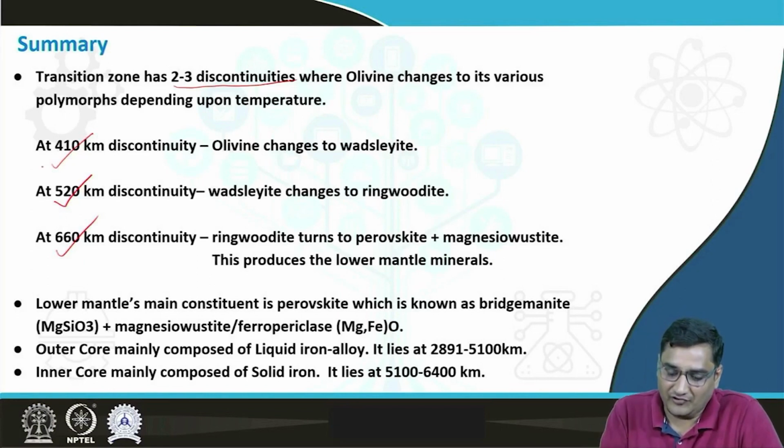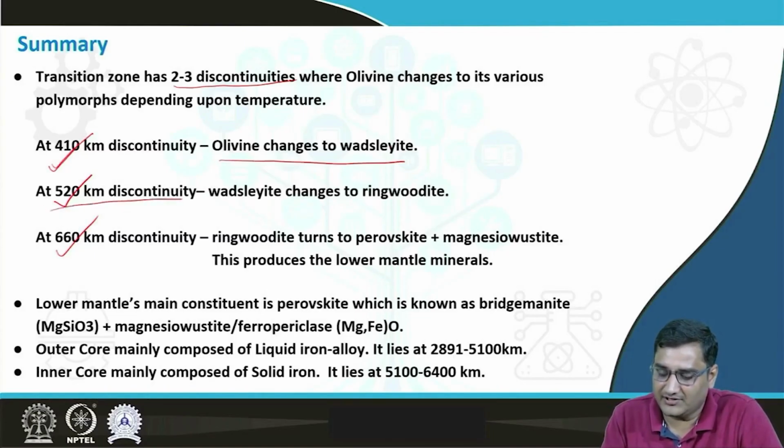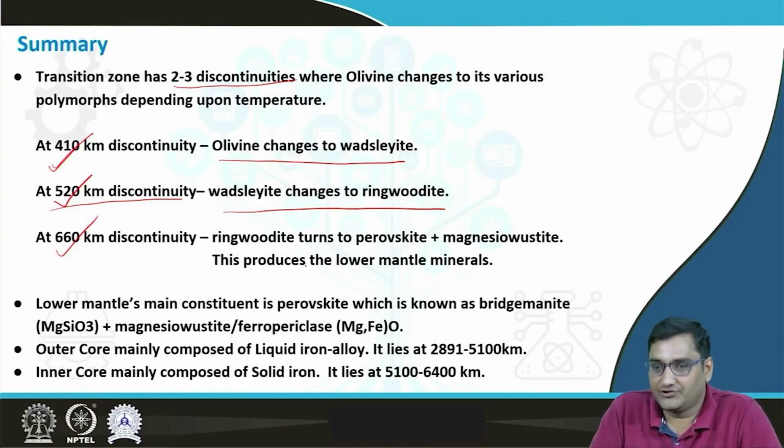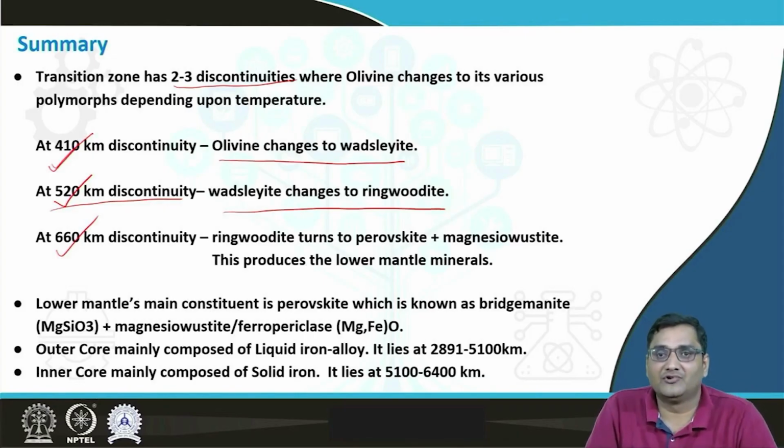At the 410 kilometer discontinuity, olivine changes to wadsleyite, at the 520 kilometer discontinuity, wadsleyite changes to ringwoodite, and then at the 660 kilometer discontinuity, ringwoodite turns to perovskite and magnesiowustite. Perovskite, also known as bridgmanite, is the most abundant mineral in the lower mantle.